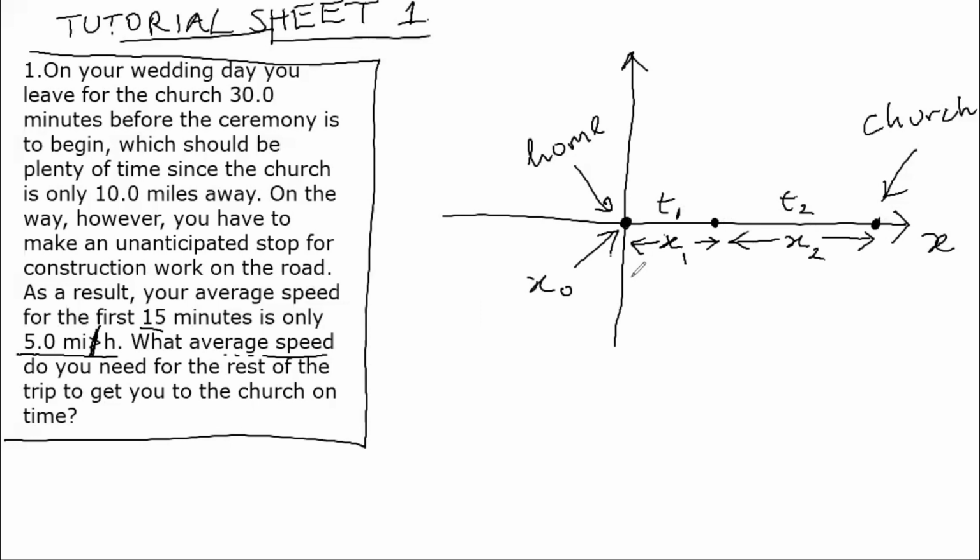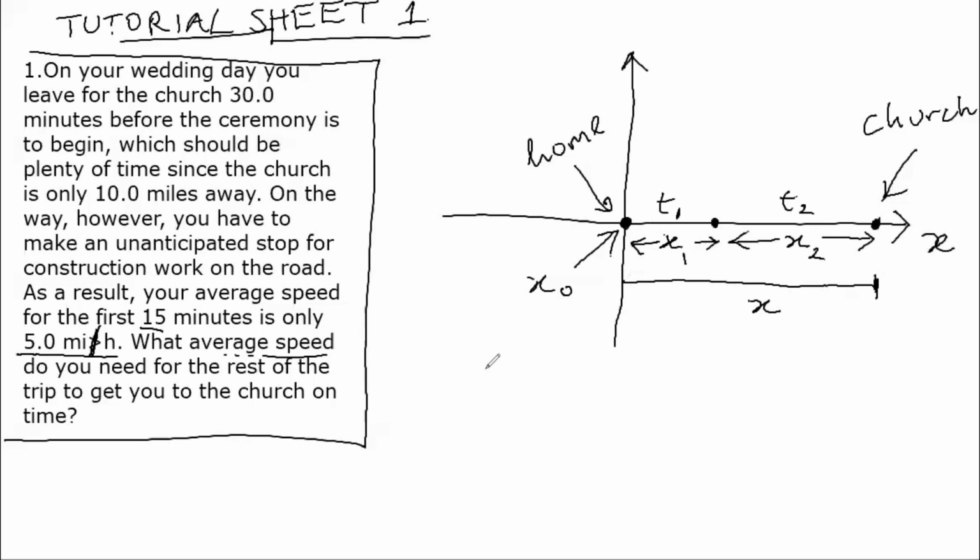Let us say the distance from home up to church, the total distance moved, we call X. Just from what we have done so far, I think we can already find some relationships.